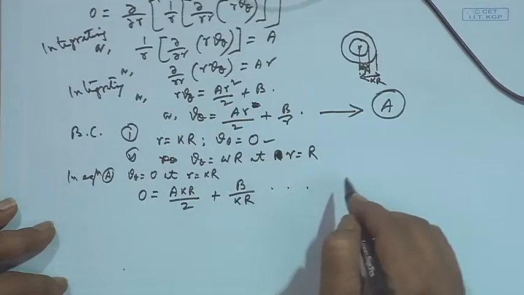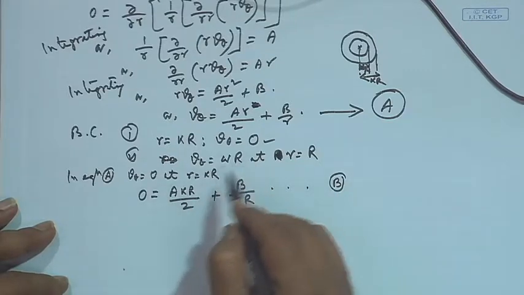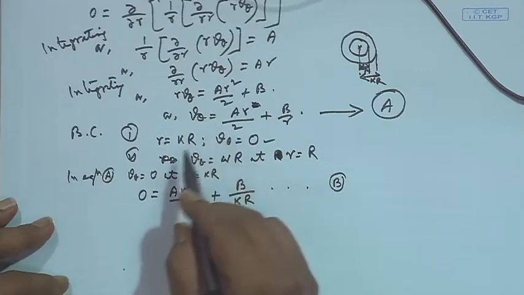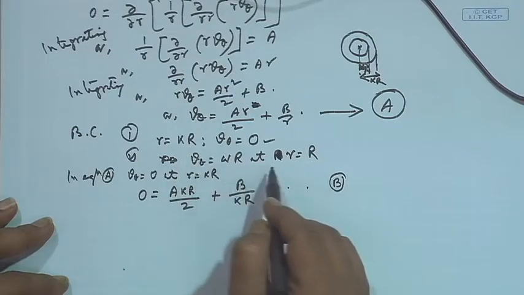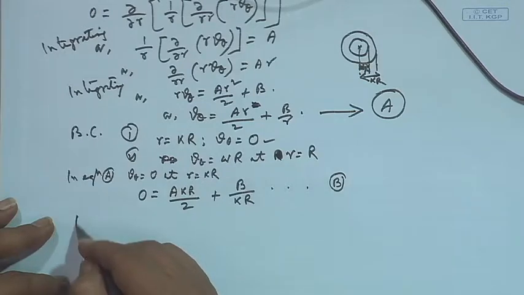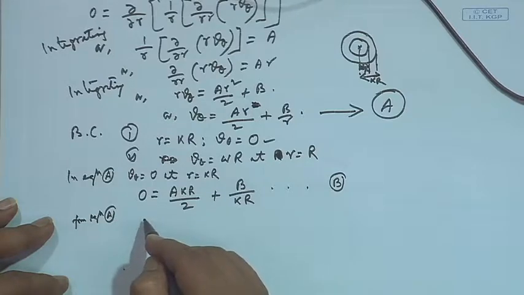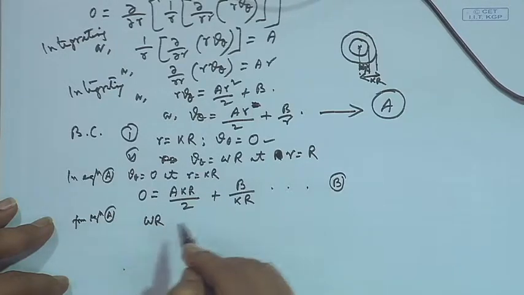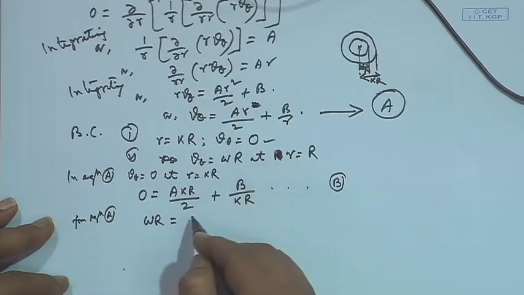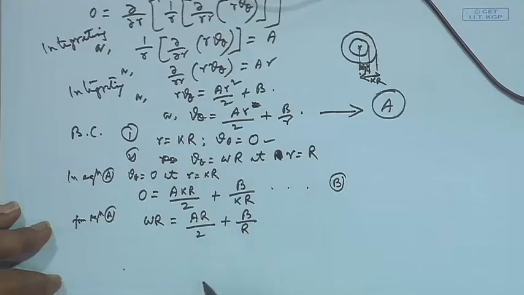So, this is say equation B, and the second condition is v theta is omega R at r is equal to capital R. So, we write here again from equation A, we get that v theta is equal to omega R at r is equal to capital R. So, it is a R divided by 2 plus b by R.